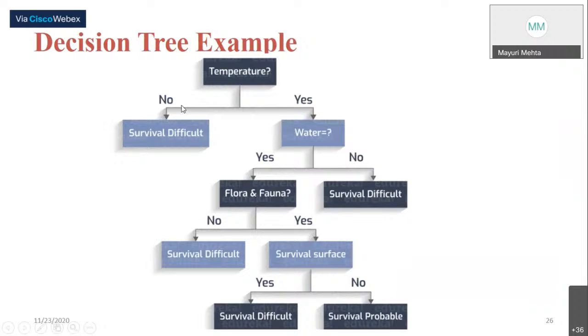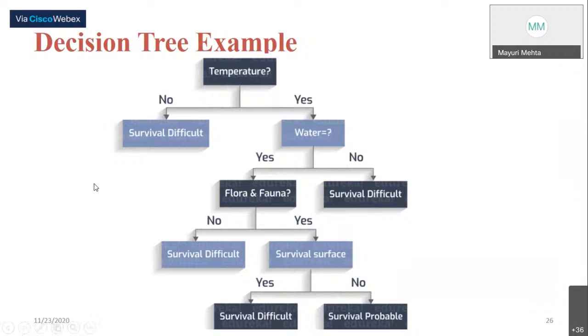So these kinds of factors may be considered to decide whether life is possible on a newly discovered planet or not. Based on these features of the training set, the decision tree learns a series of questions to infer the class labels of the samples.